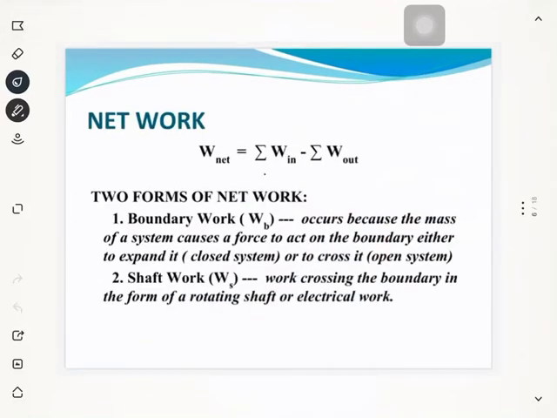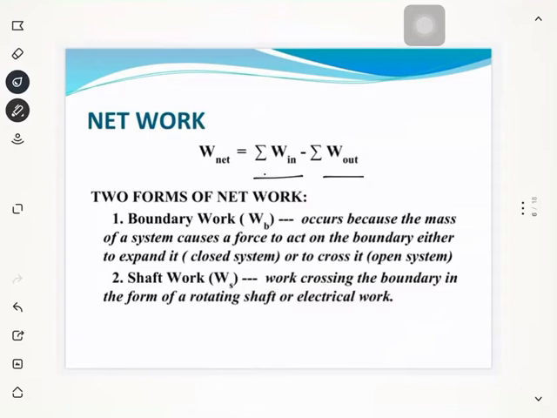This is simply the summation of your work in minus the summation of work out.